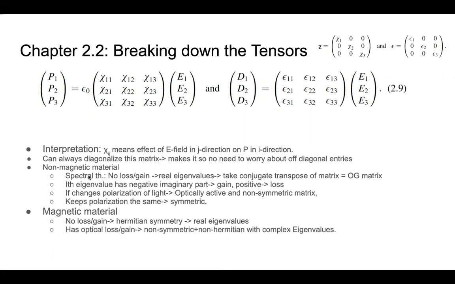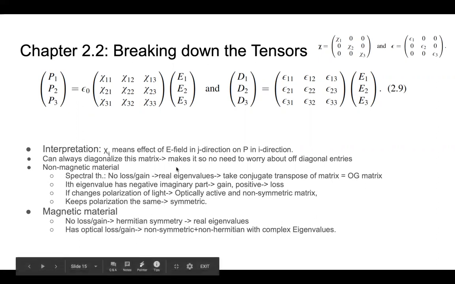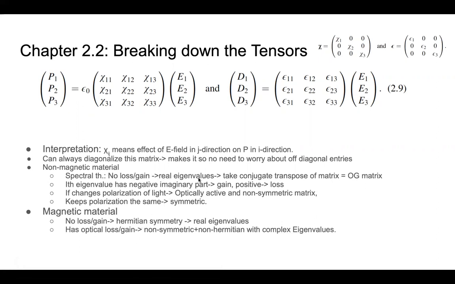There's a theorem in linear algebra called the Spectral Theorem, which says that if you have no loss or gain, it corresponds to having real eigenvalues, because there's no imaginary component. If you don't have an imaginary component, it means you have a purely real index of refraction, which means you don't have any loss or gain. It also means you have a Hermitian symmetry: if you take the conjugate transpose of the matrix, you get the original matrix back.